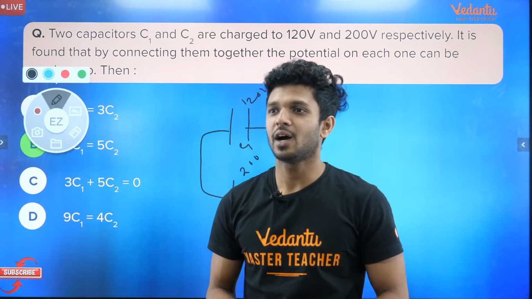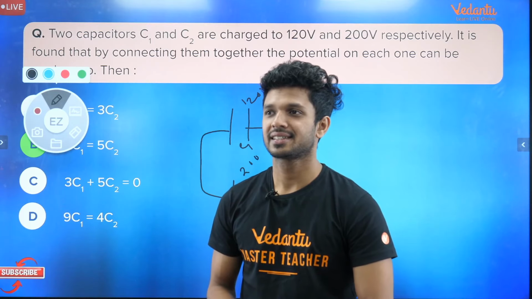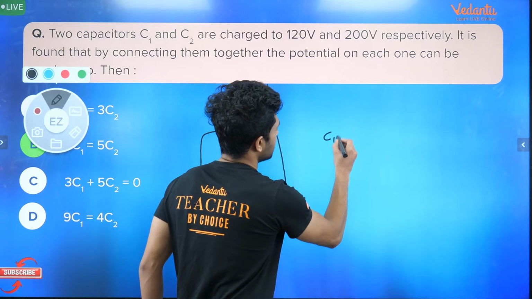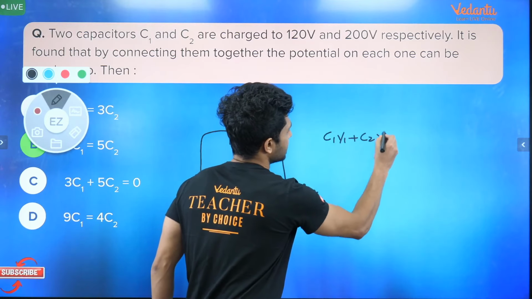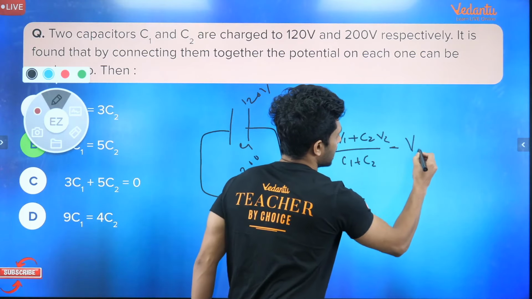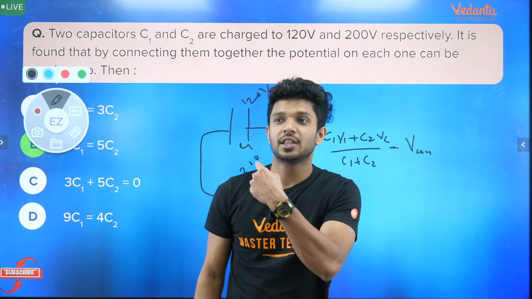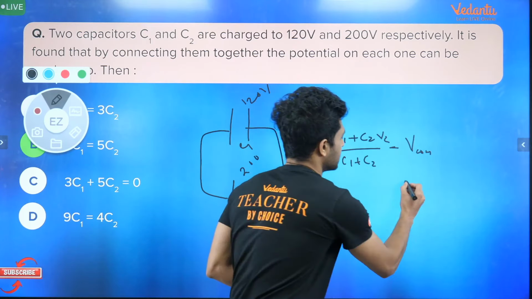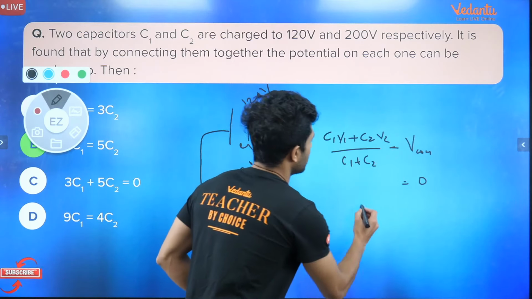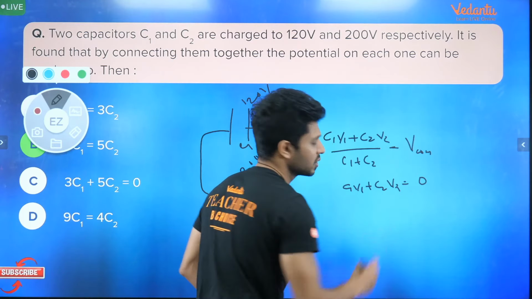We'll do (C1 V1 plus C2 V2) divided by (C1 plus C2) as the common potential, right? And what is given? The common potential is 0. So once you cross multiply the denominator, what will you get? C1 V1 plus C2 V2 is equal to 0.